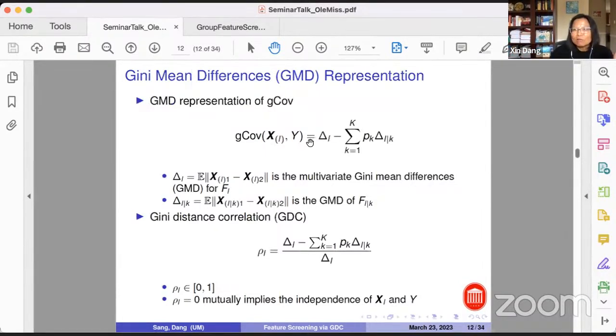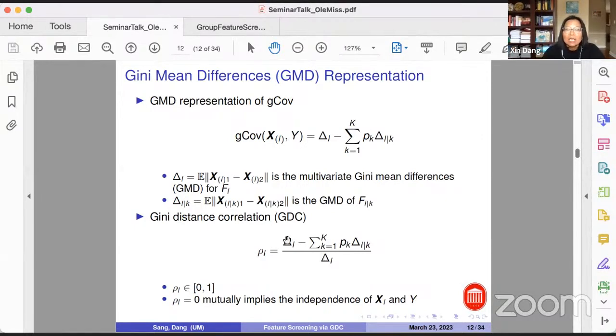So this is the overall Gini variation. This is the within-group variation. So this is overall minus within. That gives you some type of between variation. And for the correlation, we just standardize the covariance. Standardization is just dividing by the total.